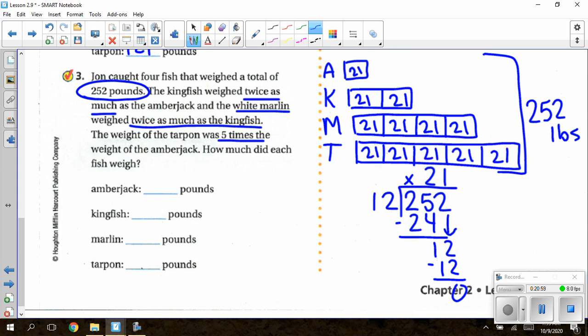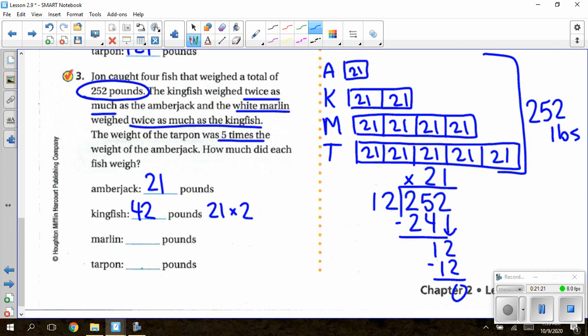All right, so now I can find the total weight of all of the fish. Well, the amberjack, with it only having 1 box, we automatically know that that amberjack weighed 21 pounds. So now to find the weight of the kingfish, there are 2 boxes, so I would have to take 21 times 2, which would equal 42 pounds.